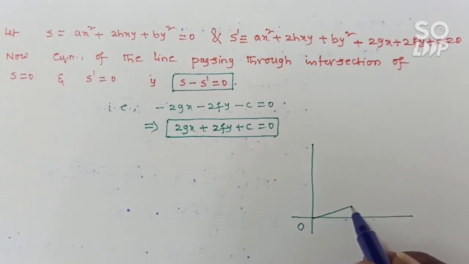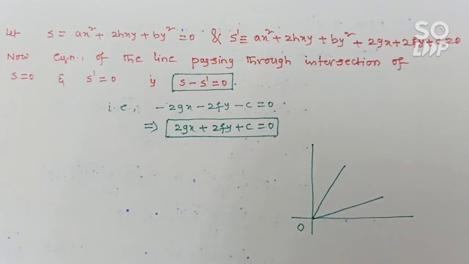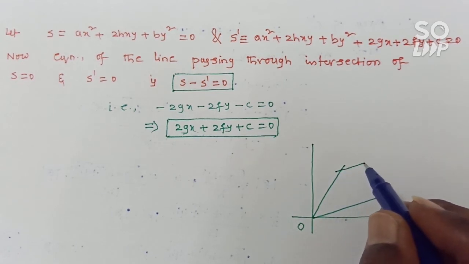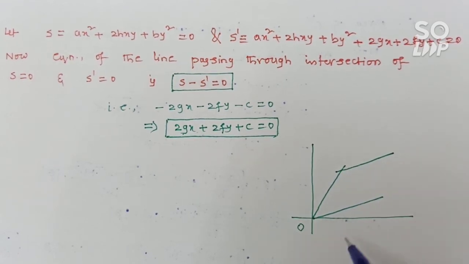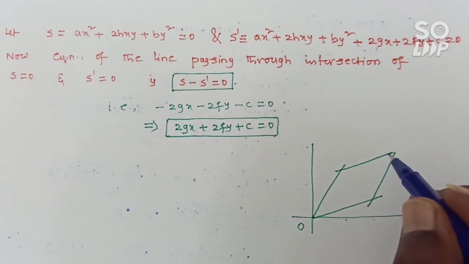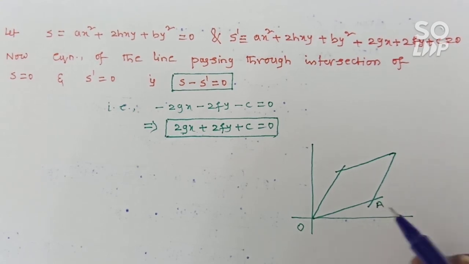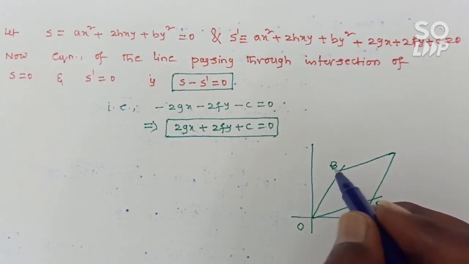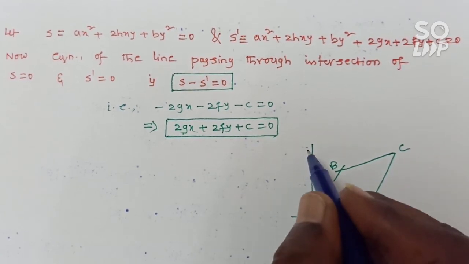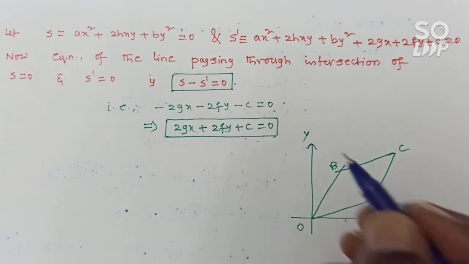Here S equals 0 represents these two lines, and S dash represents these two lines. This is A, this is B and this is C. Here OACB is the parallelogram.